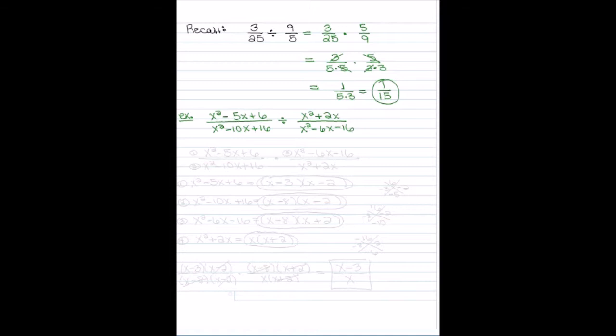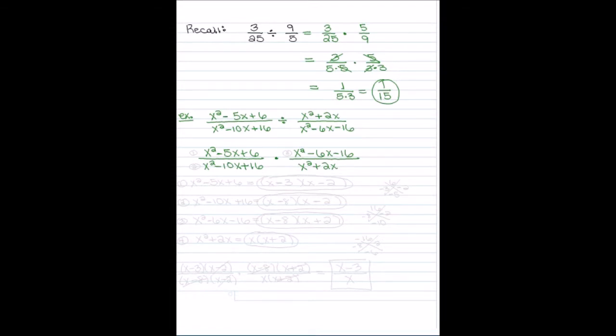Okay, here we have 2 rational expressions that we are dividing. So just like the numbers, what I want to do is flip the second rational expression and change my division into a multiplication symbol. So I'm going to rewrite all of this, flipping the second rational expression and changing the division into multiplication.